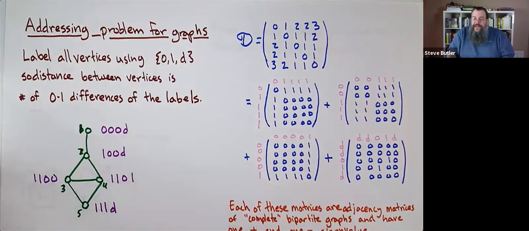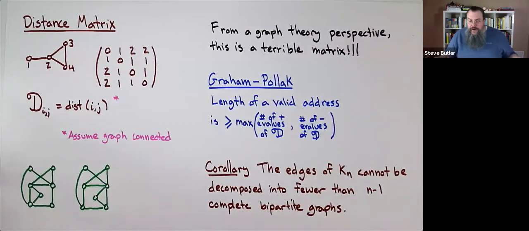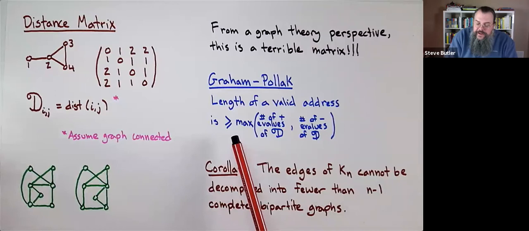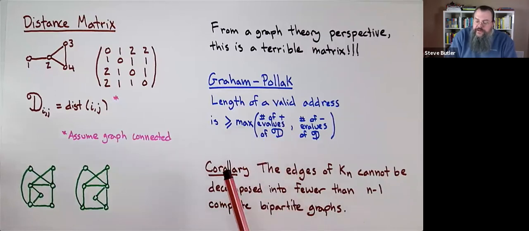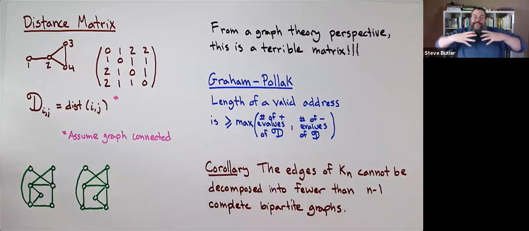So we put those two facts together, and lo and behold, we get the result of Graham and Pollak. It says, look, the length of a valid address is at least as long as however many positive eigenvalues you have, or however many negative eigenvalues you have. Great, beautiful. So there's this nice spectral connection showing up.